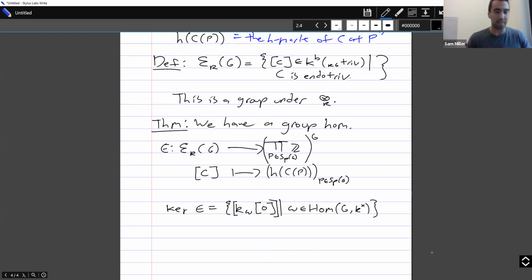And so what does this tell us? This is finitely generated, and this is certainly finitely generated. So in particular, E_KG is finitely generated abelian.